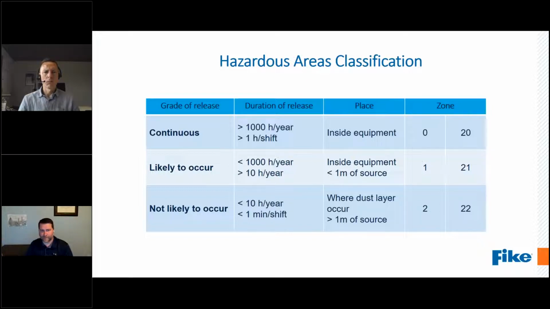The NFPA's class division system is not made to be applied inside of equipment. That applies to the locations only. So that's one key difference: when you're doing your risk ranking, you're going to assign a zone to everything inside equipment and outside equipment.